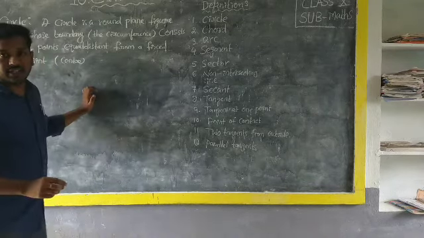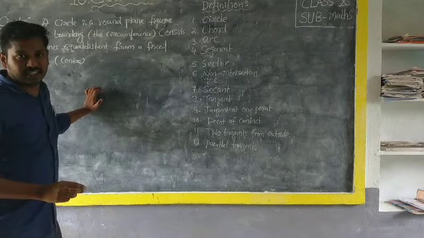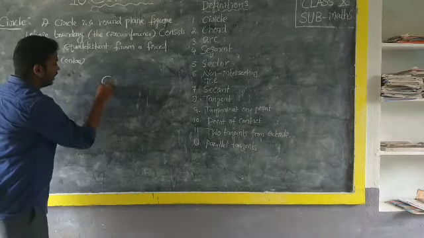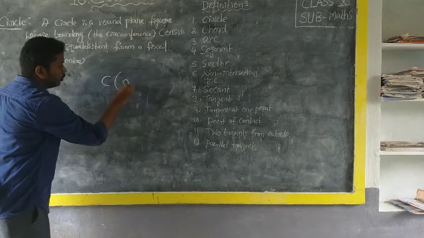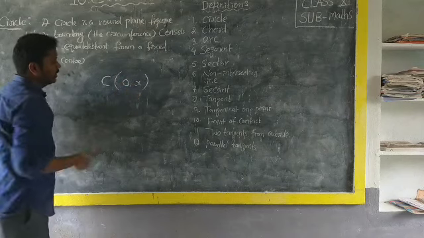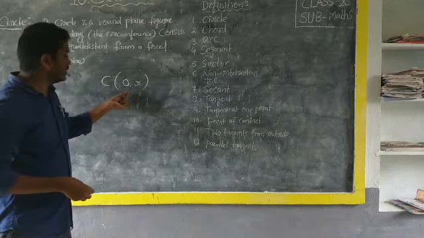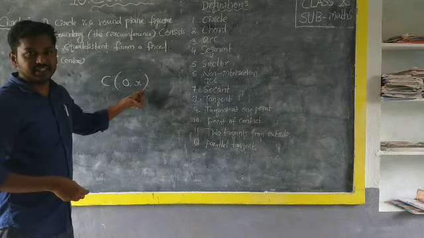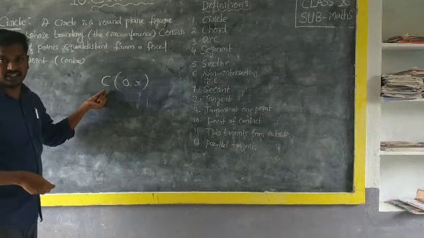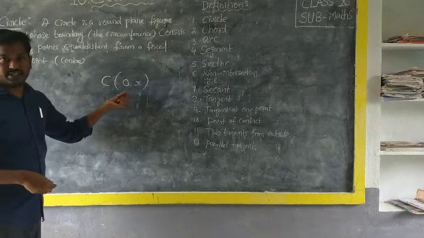We can write the circle in terms of center O and radius R: C(O, R). O means center, R means radius, and C means circle.